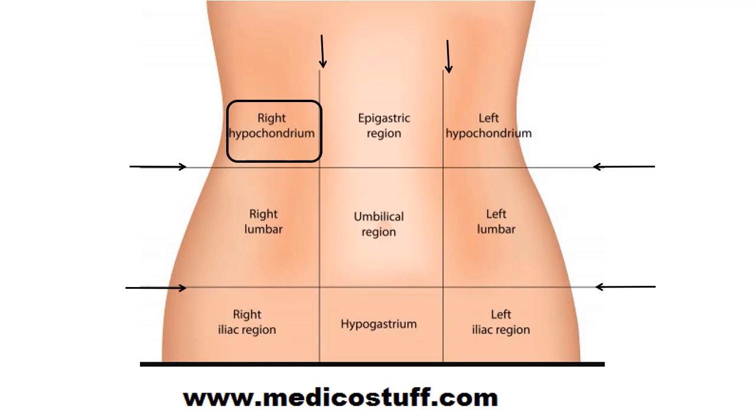Starting on the right, this region is called right hypochondrium. Hypo means below, chondrium means the cartilage. So this is the right hypochondrium. Right lumbar, it is because this region is to the side of the lumbar vertebra, and the lowest on the right is the right iliac fossa.